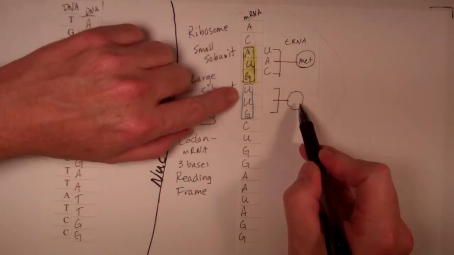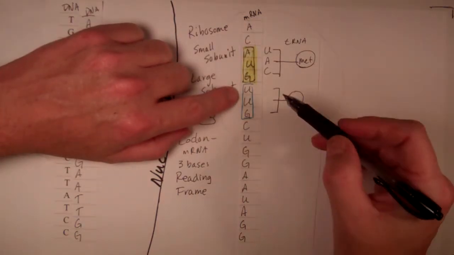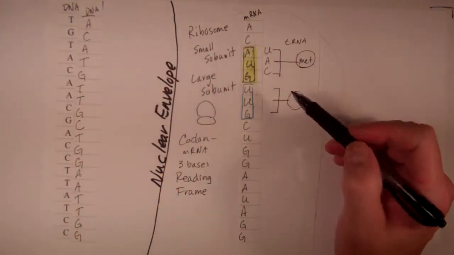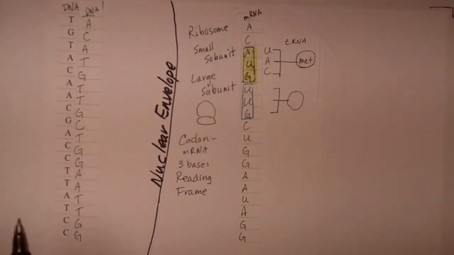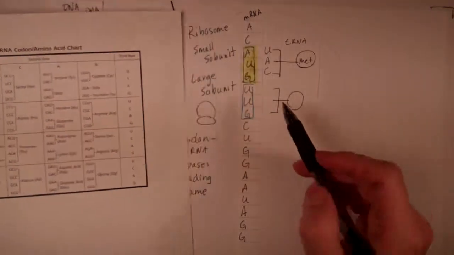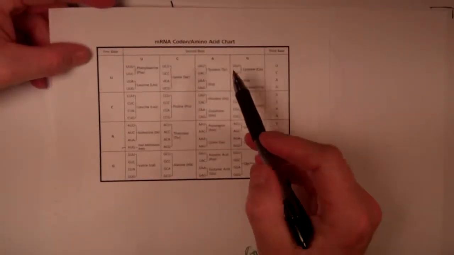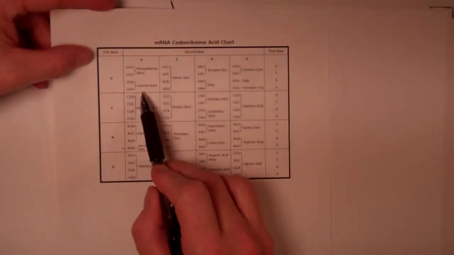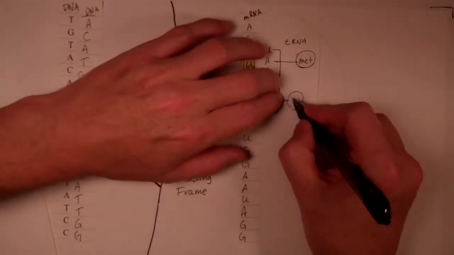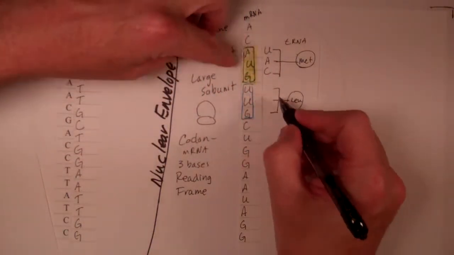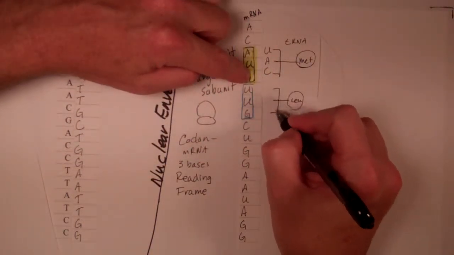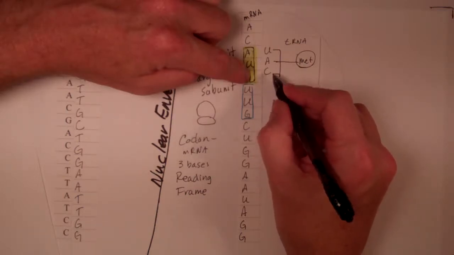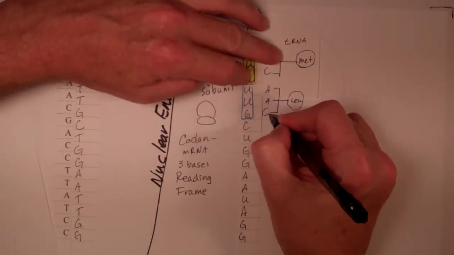That amino acid attached here is the amino acid that we would see if we were to look up UUG. So we've got UUG here, so that's leucine. So we're going to have leucine here. And then we'll have the complement on our tRNA, so this is going to be adenine, adenine, cytosine.